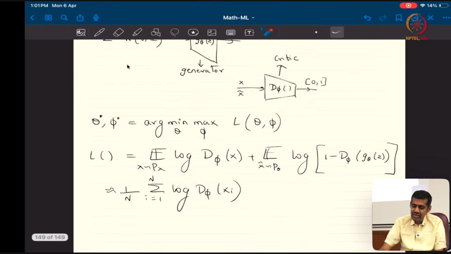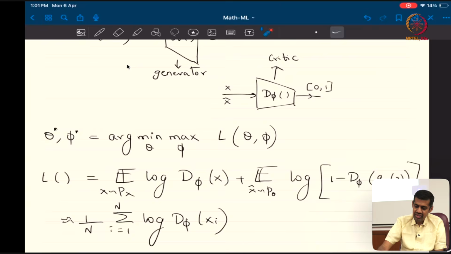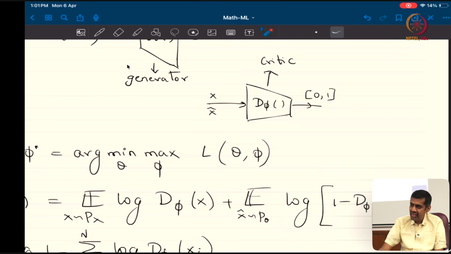Think of this discriminator. What is this discriminator? It is taking x and x cap as input and giving you a number between 0 and 1. Anything that gives you a number between 0 and 1 can be interpreted as a classifier, or rather this discriminator is giving you a probability. Now log of d phi of x is what? It is the probability, and this expectation is with respect to px.